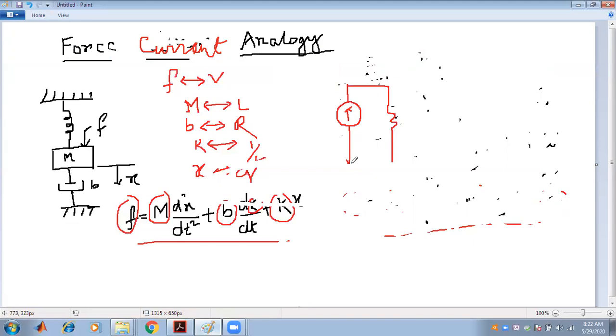Say an RLC circuit, the R, L, and the C circuit, in order to find the force current analogy.